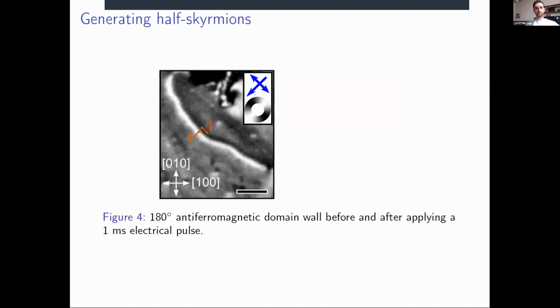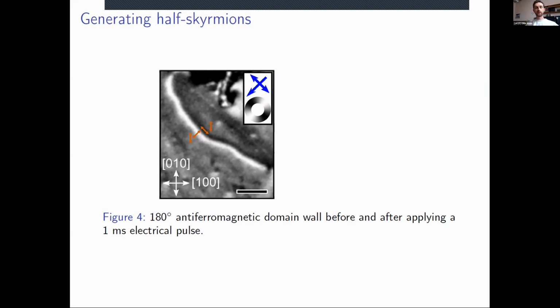So if I zoom in on one structure that we imaged in one of the arms of this device, here I'm identifying a 180-degree antiferromagnetic domain wall. You can see that the contrast goes from gray either side of the domain wall through white and black.